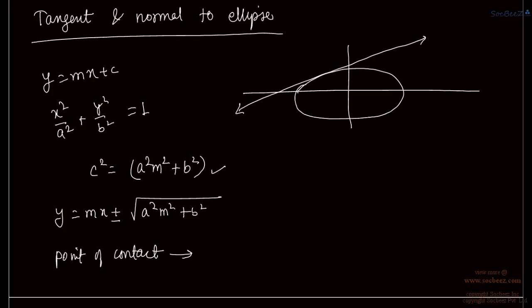So the point of contact we will get as (minus a square m upon c, b square upon c).